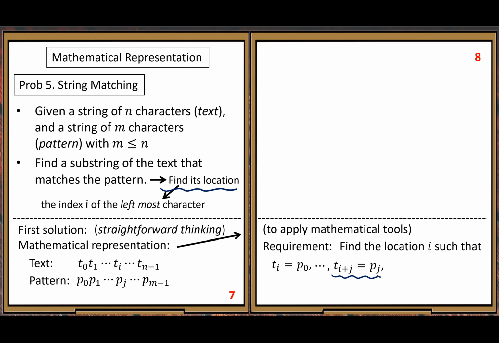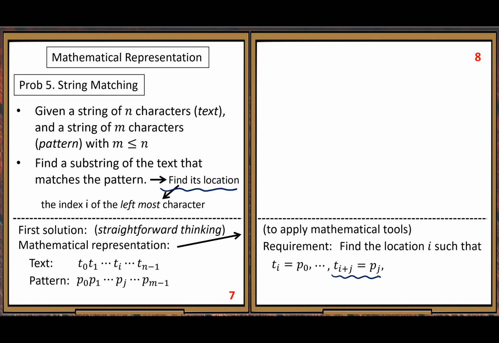In the T sequence, if you move the pointer one position to the right, then in the P sequence you also need to move the pointer one position to the right. At T you move J positions to the right, and the P sequence also J positions to the right.